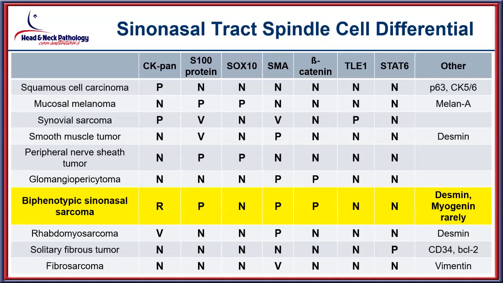So it is an important consideration for you to think about when you do a panel approach for any of the small blue round cell or spindle cell lesions within the sinonasal tract in order to get an accurate diagnosis.